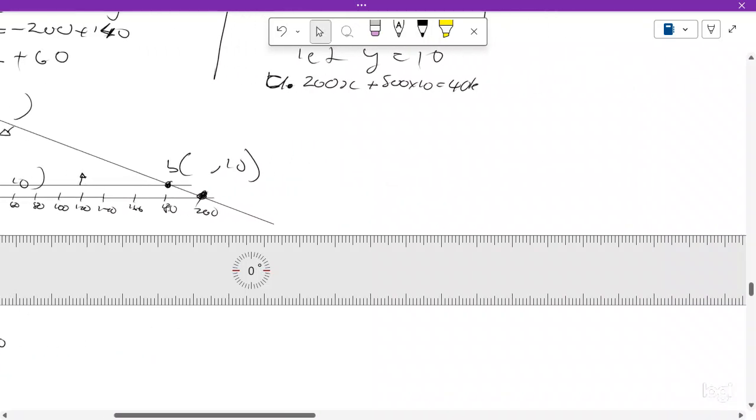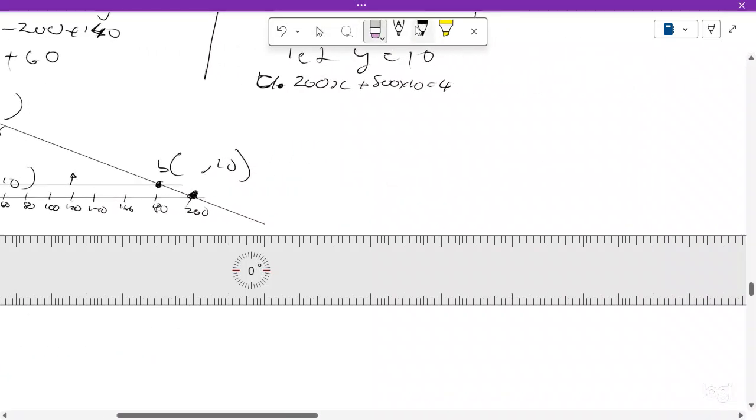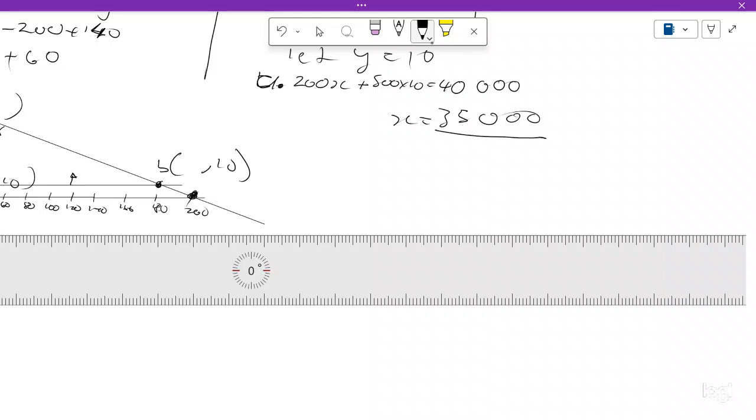I'll write it as 40,000. Then 200x equals 5,000 minus 40,000, which is 35,000. 35,000 divided by 200 equals how much? 175, no decimal points.